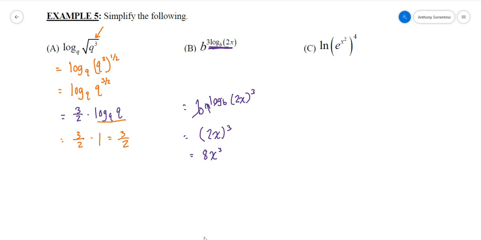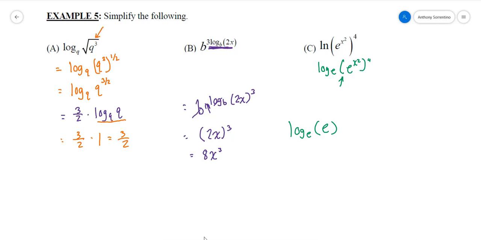The natural log of e to the x squared raised to the 4th power. The natural log, or log base e, if you want to think of it that way, and the exponential base e are not right next to each other. I do have this pesky parenthesis right in the way there. Now, there are instances where I really don't need that parenthesis, because if I had log base e of e like this, I could do that cancellation.